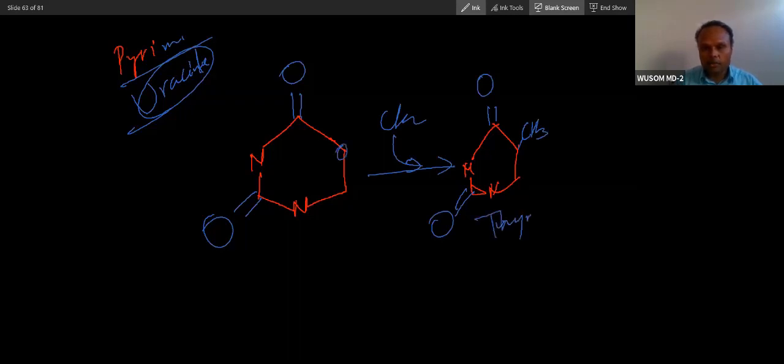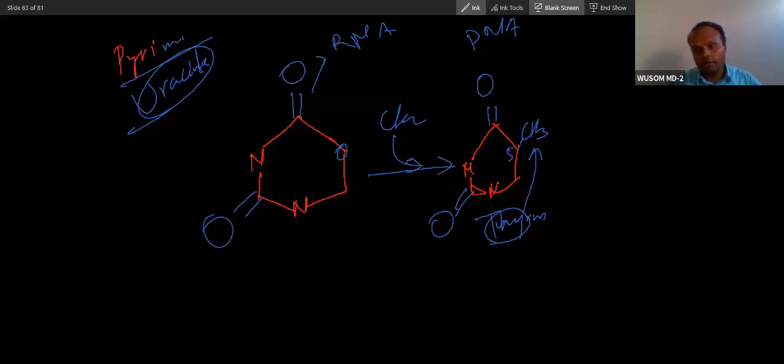And you know, uracil is for RNA, and thymine is for DNA. Remember this simple structure. T for thymine, T for methyl. So methylated uracil is thymine, with the methyl at the 5th carbon. Is it the 5th carbon? Yes, it is the 5th carbon.